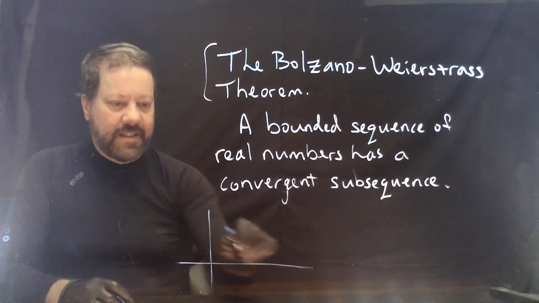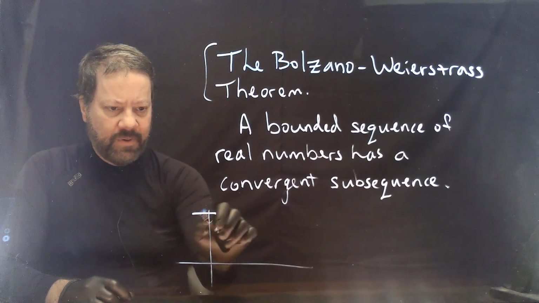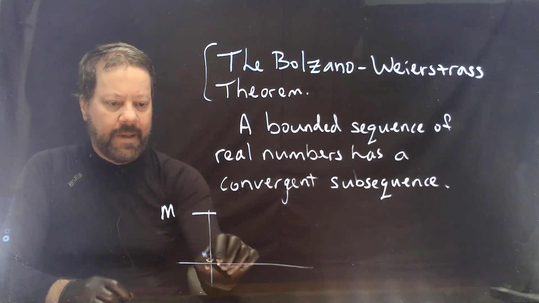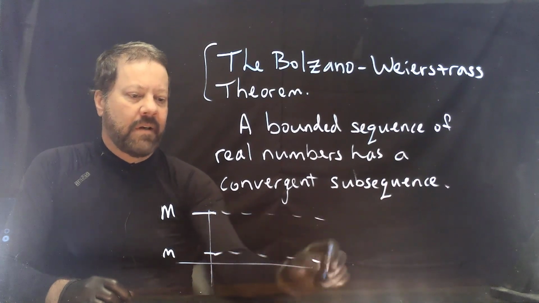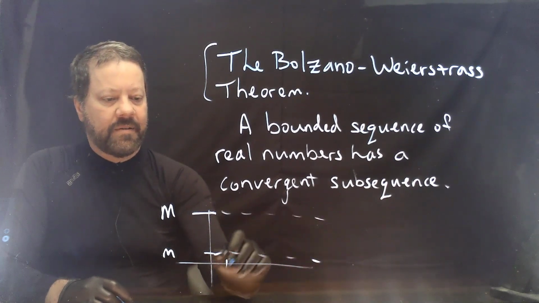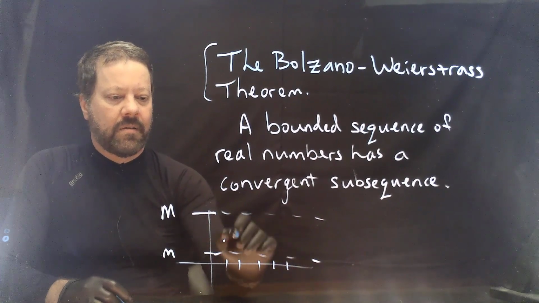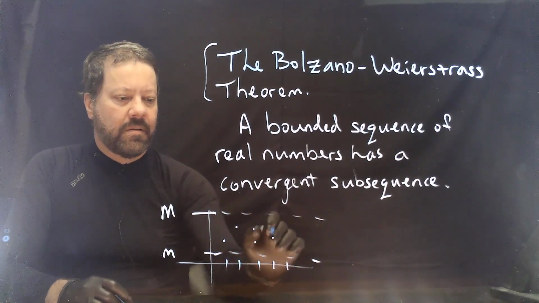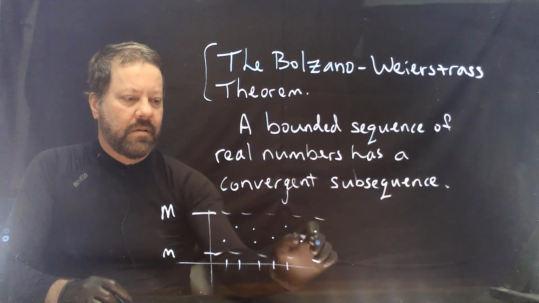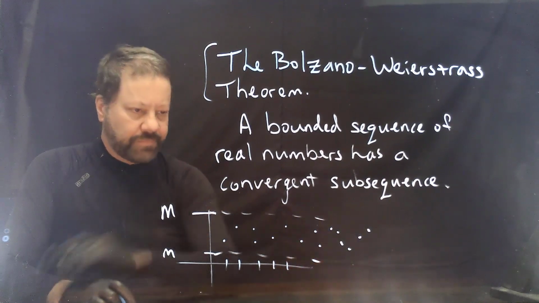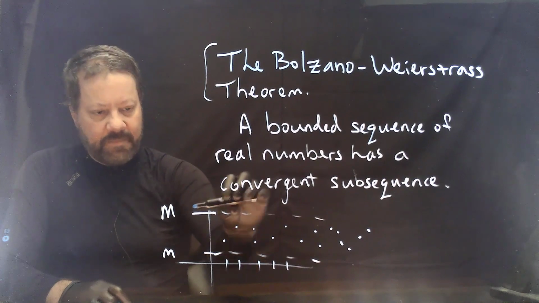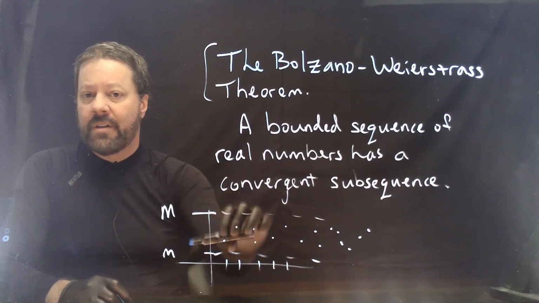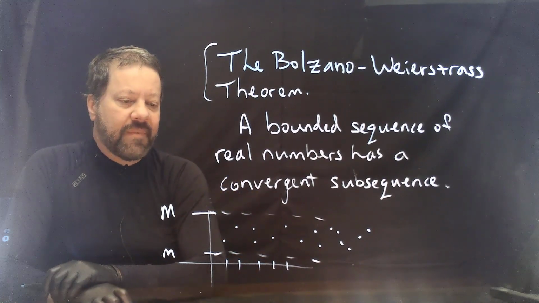And the picture is fairly simple. Suppose we have an upper bound M and a lower bound little m, and we have a sequence of real numbers. These numbers are bounded. They lie within some range of values on the y-axis here.